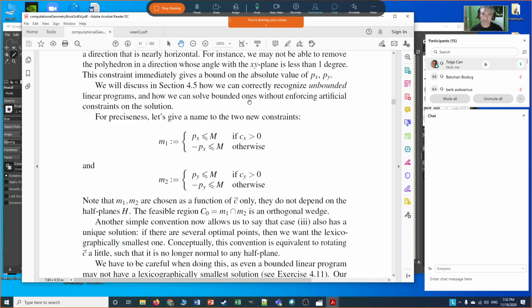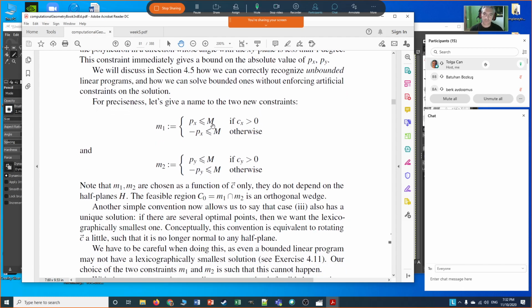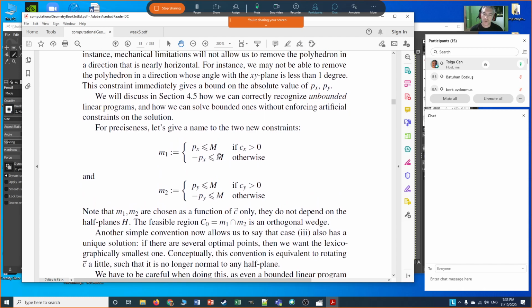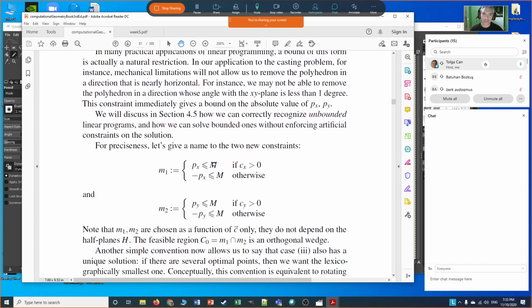I'm going to skip that part. The important part here is to understand this incremental randomized solution, where we have this M given to us as input, some large number. We don't want our solution x and y values to be greater than M or less than minus M.